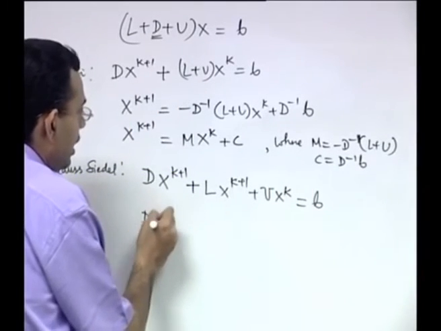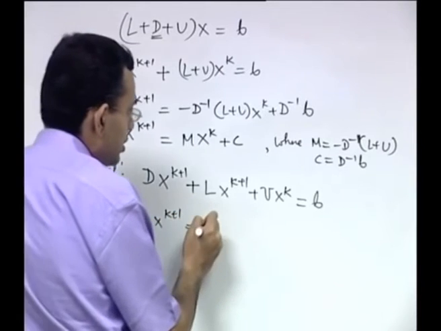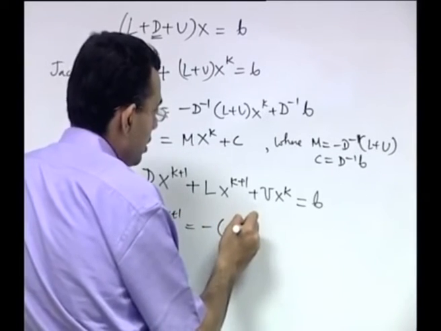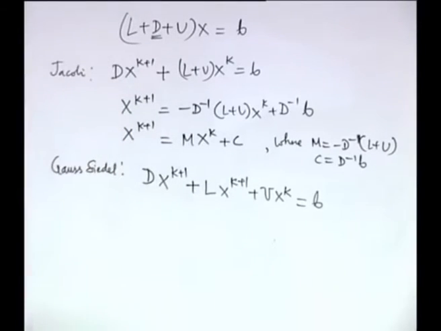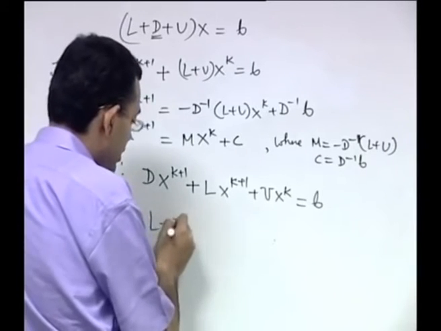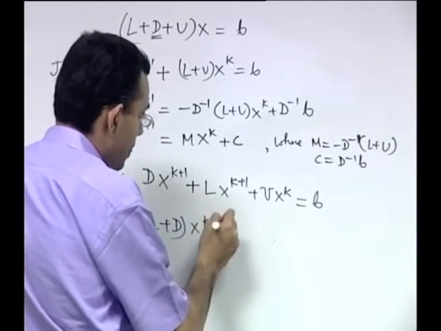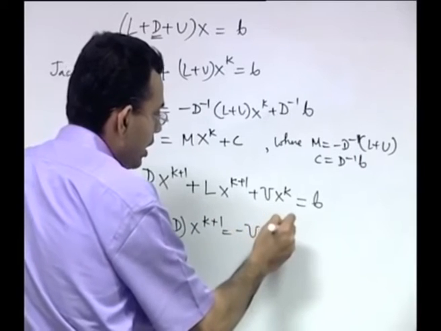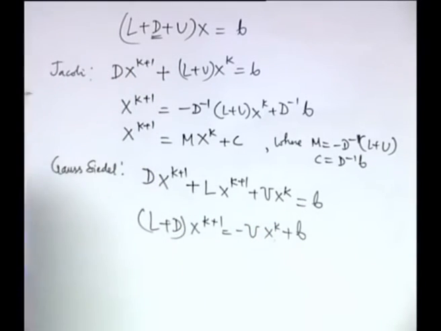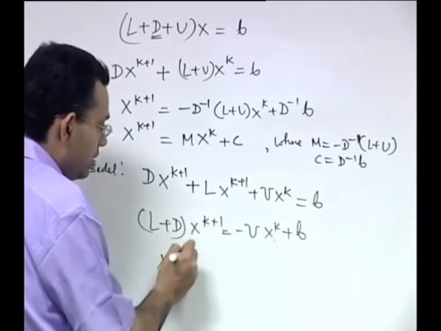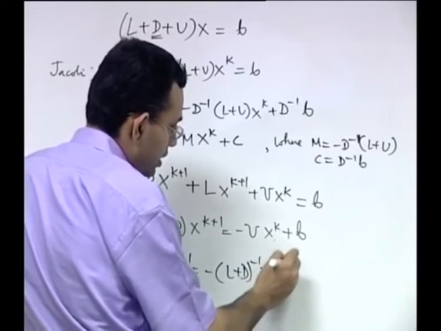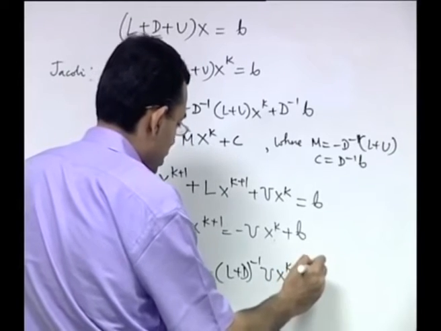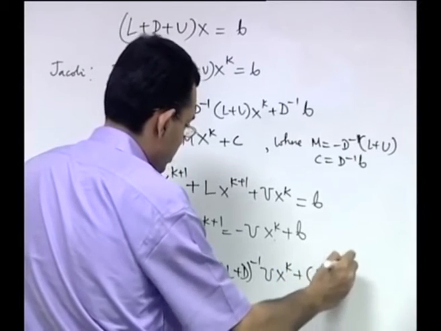So, (D plus L) x k plus 1 is equal to minus U x k plus b. This means x k plus 1 is equal to minus (L plus D) inverse U x k plus (L plus D) inverse b.